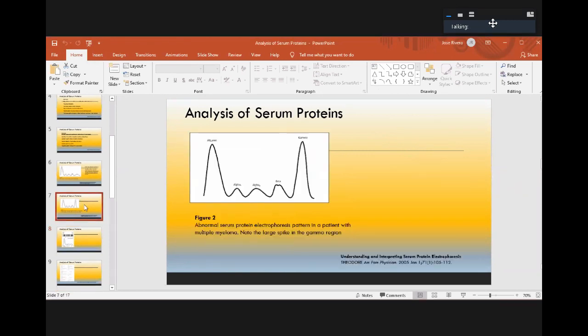What type of condition does this gel, or this graph, tell you, based on what we went over? What kind of gel will give you this graph? Then you should say that this person probably has myeloma.